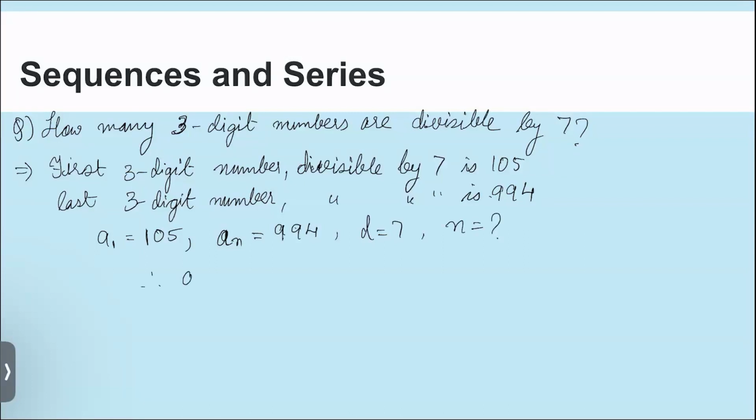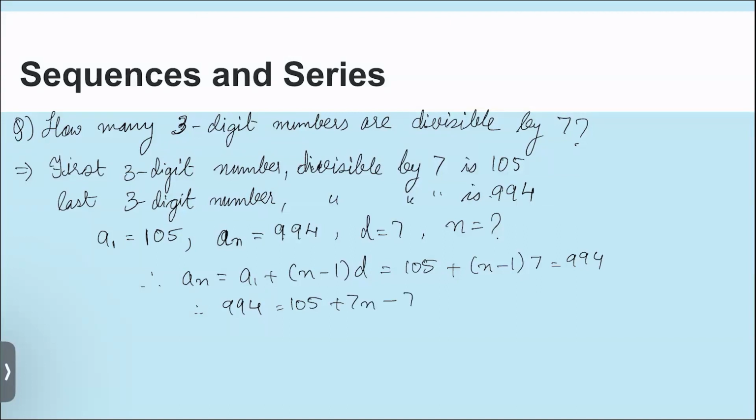So therefore, using the formula AN is equal to A1 plus N minus 1 D, we get 105 plus N minus 1 times 7, and that is going to be equal to 994. So therefore, 994 equals 105 plus 7n minus 7. So therefore, 7n is equal to 994 minus 105 minus 7, which would be 98.